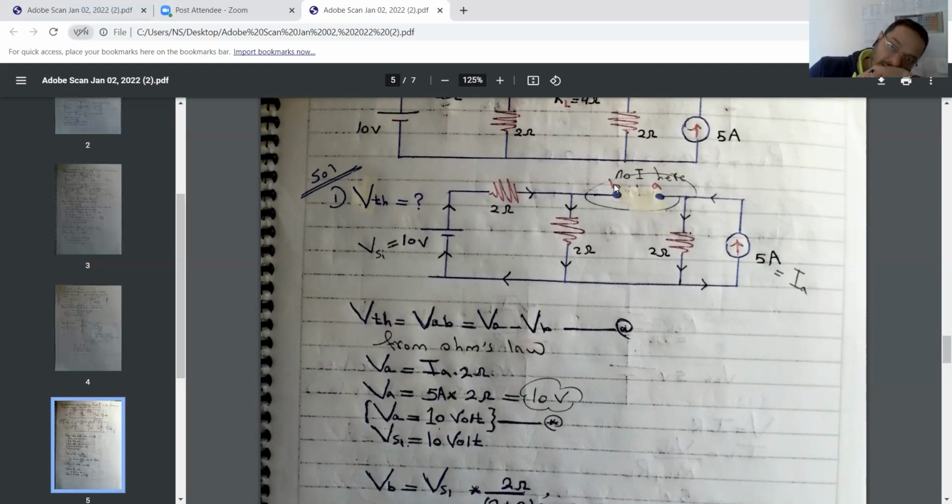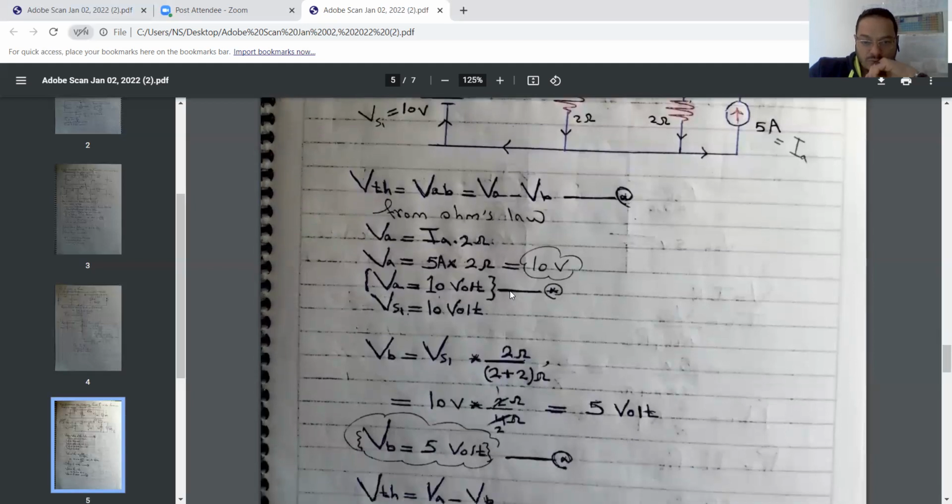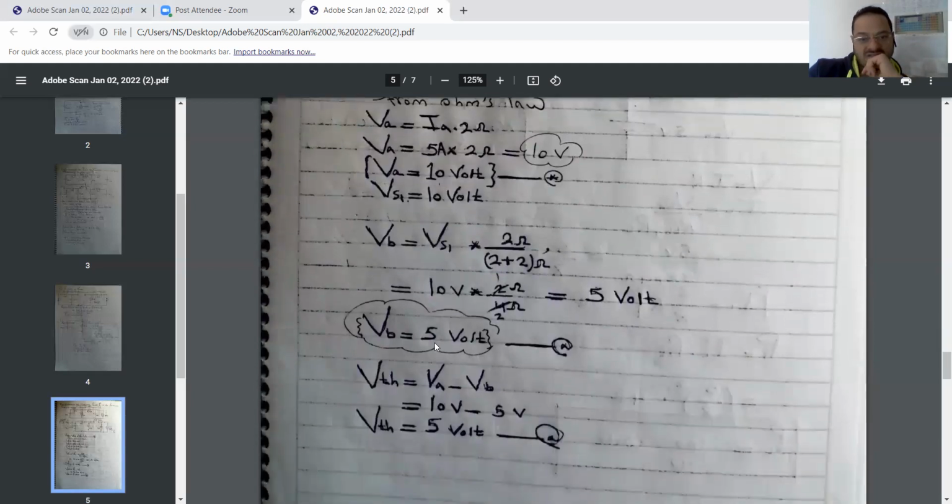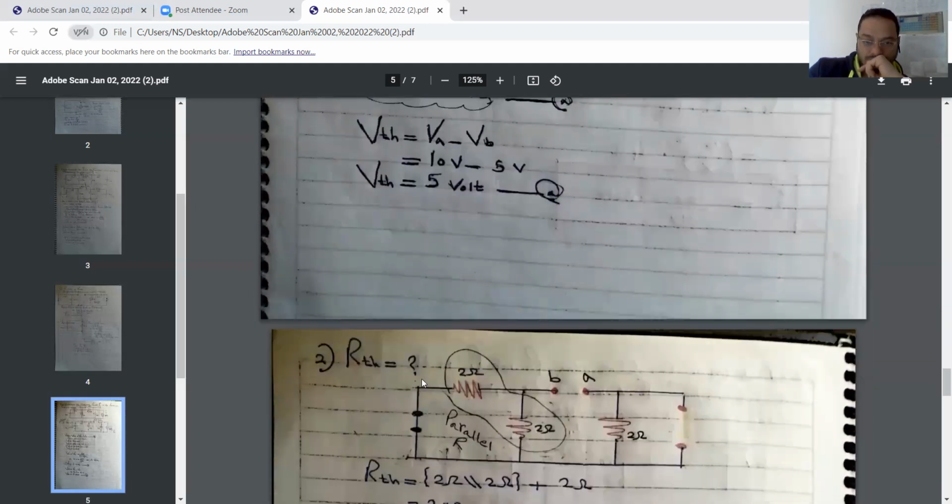Here VB will equal VS dot 2 ohm divided by 2 ohm plus this resistance, to be the last value equal 5 volts. Now we have the result for both of them, VA minus VB equals the Thevenin voltage, to be Thevenin voltage equal 5 volts.